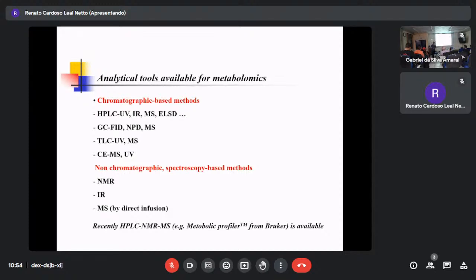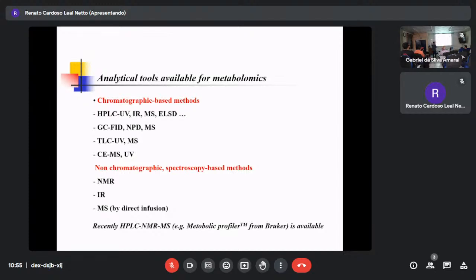Evaporative light scattering detection. Before, sugar did not have a chromophore, so UV, the most popular analytical tool, could not analyze sugar. So they developed RI, the refractive index method, but it is too sensitive.